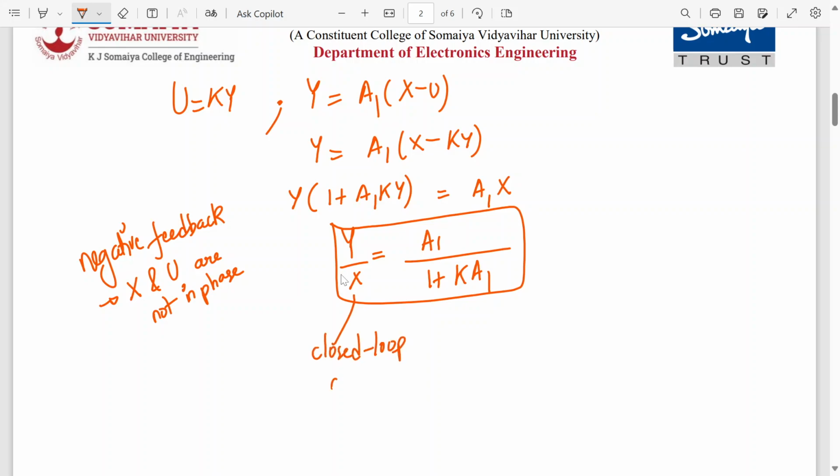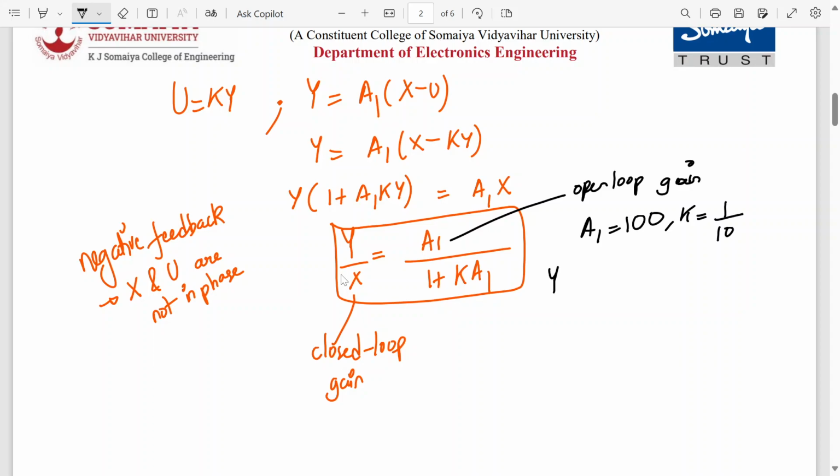Closed loop gain. And what is my open loop gain? Anyone? A1. So यहाँ पे we'll take the example now. Let's say A1 is 100, okay, and K is let's say the value is around 110.